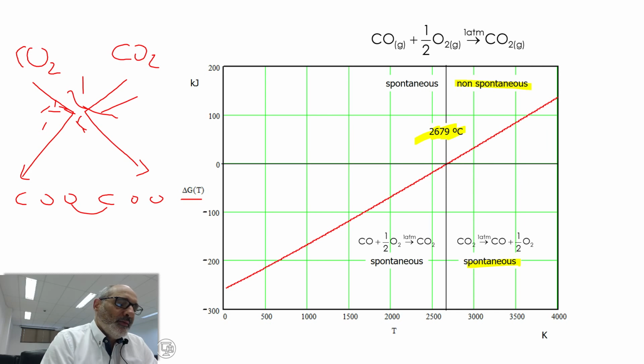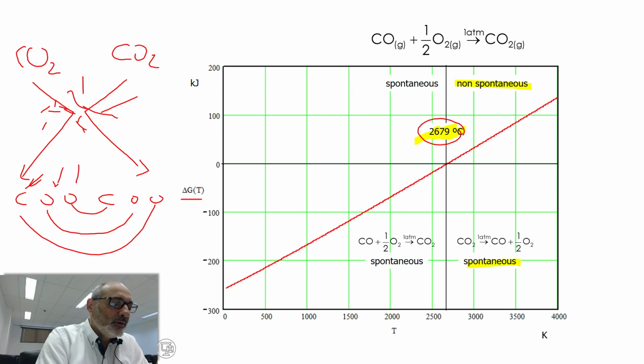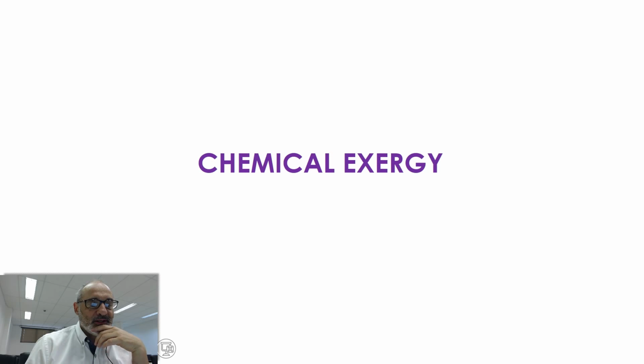This C may join this O, this C, this O, and so on, forming O2 and CO, okay? So this can happen at very high temperatures, and the reason is you have to have enough kinetic energy in order to disassemble the molecule into its constituents, okay? So this is why the process is spontaneous in the opposite sense, okay?